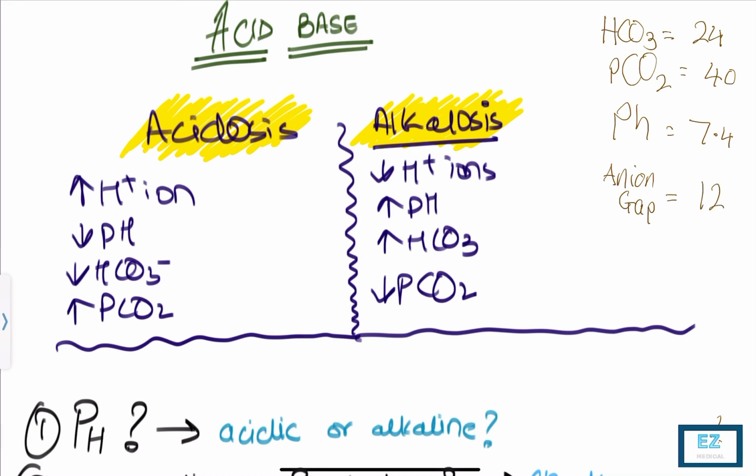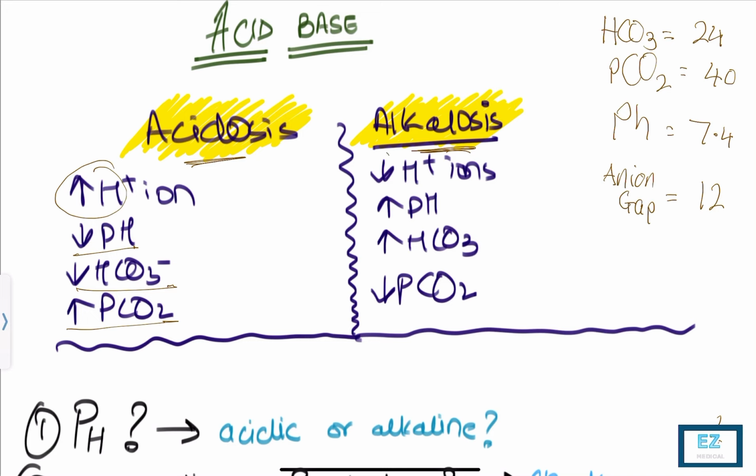So now what is acidosis and what is alkalosis? So acidosis would mean a rise in our H plus ions, a fall in the pH, a fall in the bicarb, and a rise in our CO2. And on alkalosis, we have the opposite going on.